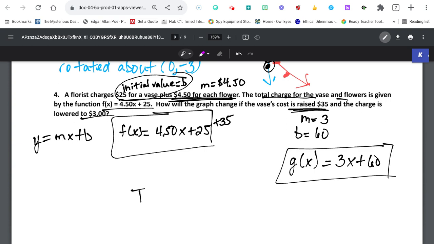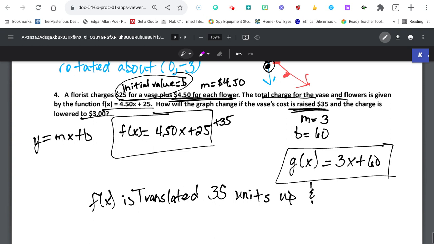So I can say this thing has been translated 35 units up. f of x is translated 35 units up, and rotated, because the whole slope has changed, guys.